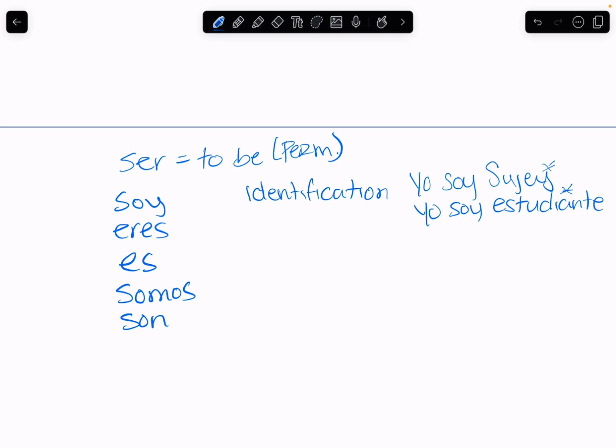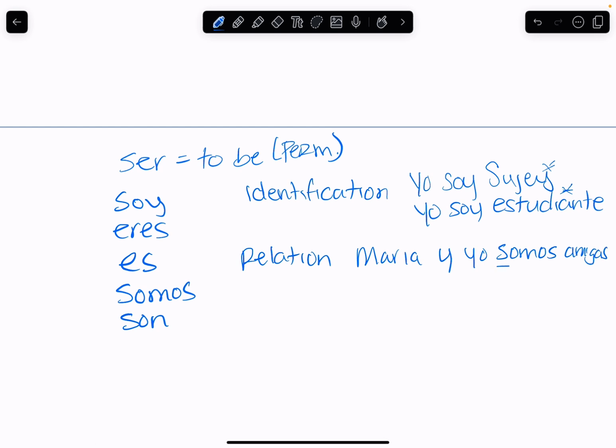So you have identification. You are able to use it for relation. So you can say María y yo somos amigas. We are friends. María y yo somos, because this is the we.